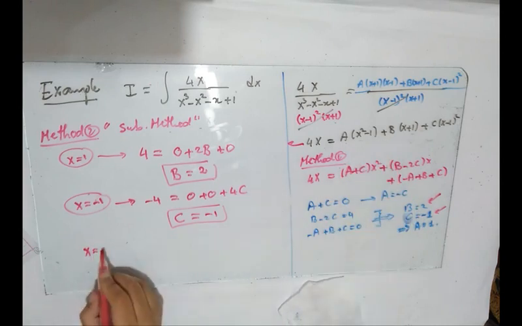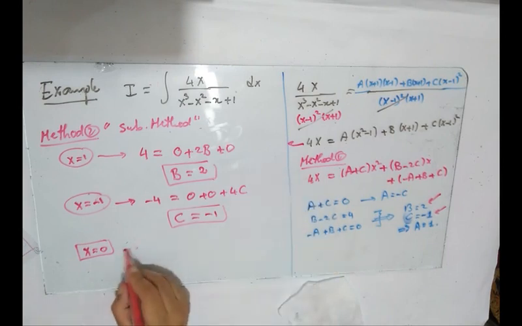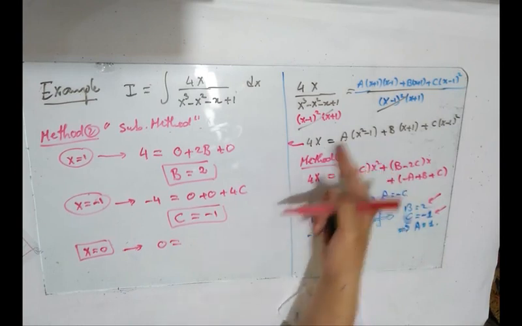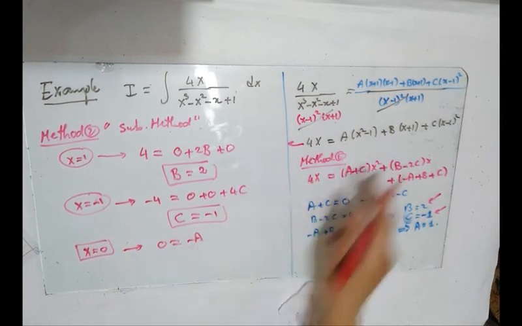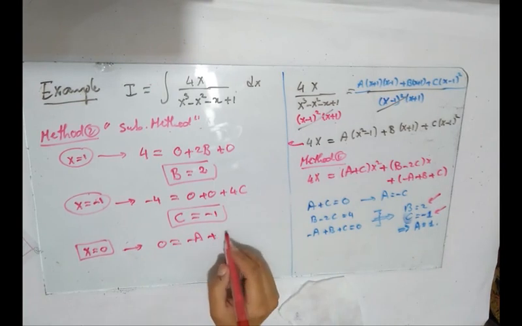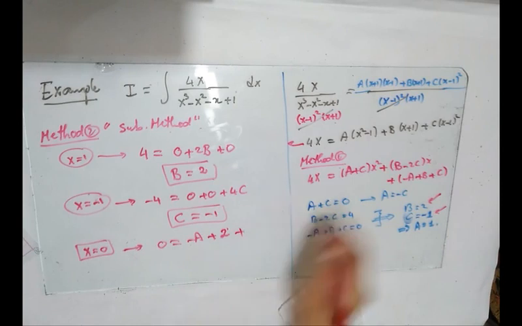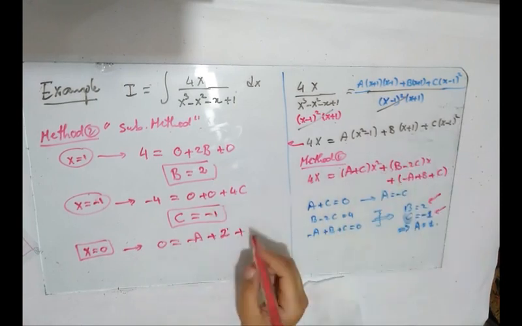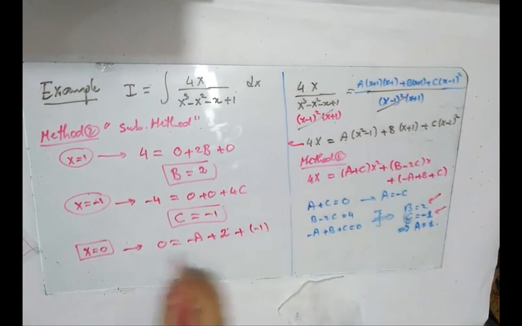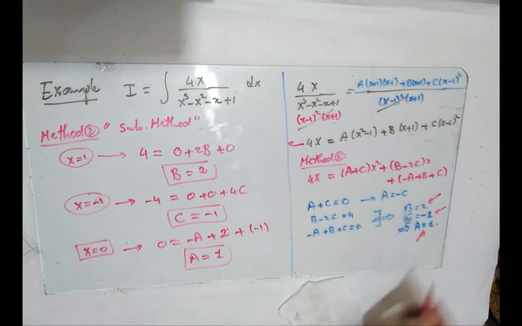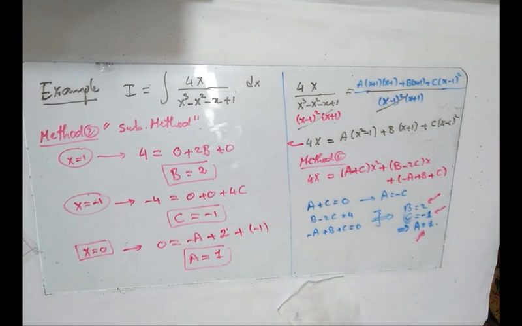If you choose x equals 0, the left hand side will be 0, and the right hand side will be negative a, plus b, but we know that b is 2, plus c, but also we know that c is negative 1. So easily you can see that a equals 1, which is the same as the value that we got in the first method. Okay, so we got a and b and c.